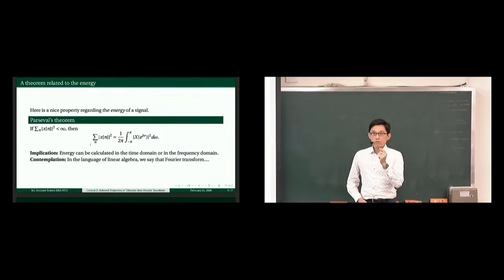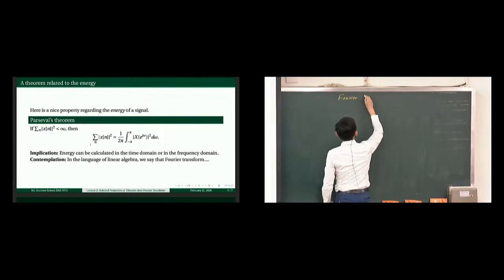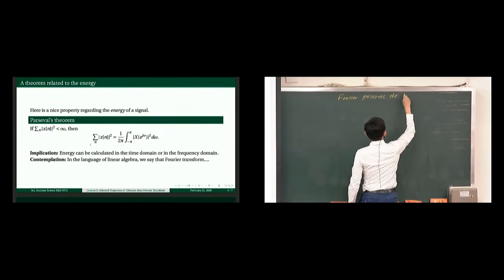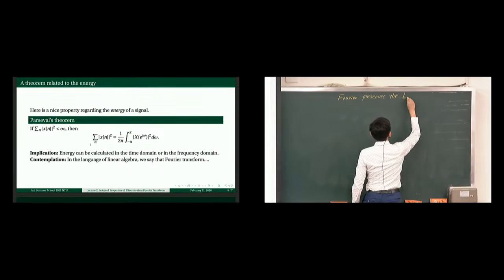Fourier transform preserves the norm. That's the kind of blank I want you to fill in. I want to share with you. Fourier transform preserves, or if you want to elaborate, it preserves the L2 norm.